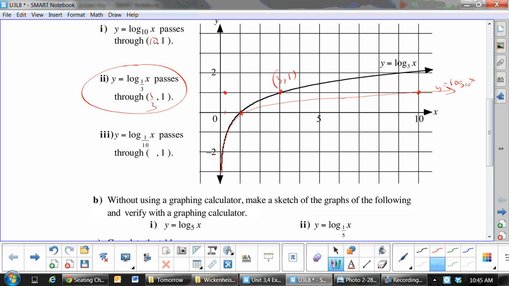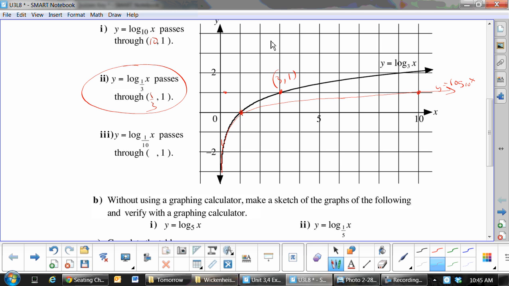So right now, are we picturing maybe this kind of graph? Why would it be a reflection? Okay, it is a reflection. Still has to go through 1.